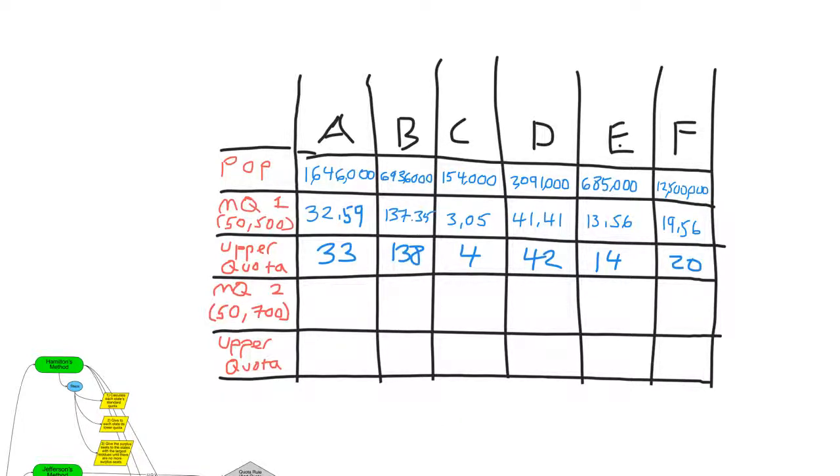Now, for the record, you could always rewind the video to double check, but the old standard quota, based on 50,000, used to give us a 32.92 for A. For state B, it used to be 138.72. So we can see that this is a little lower now due to the new standard divisor. State C used to be 3.08, but now it's 3.05.